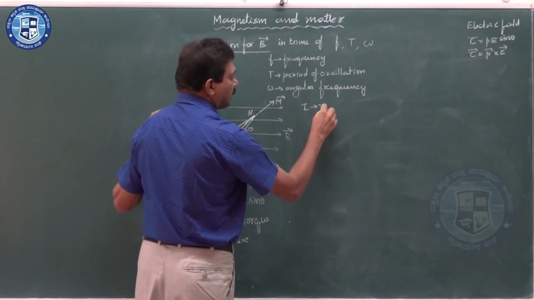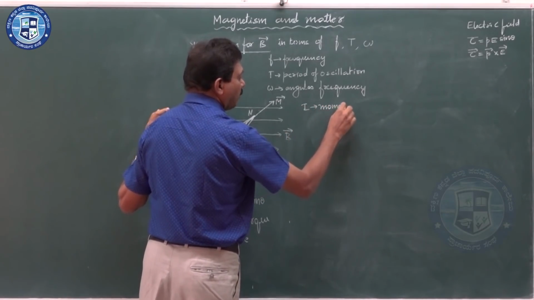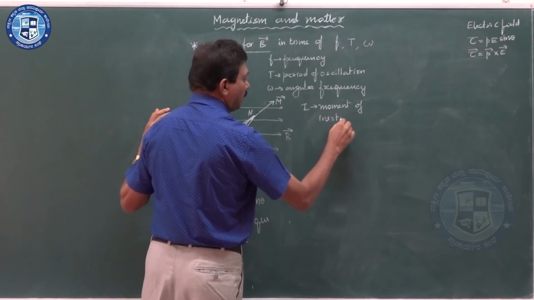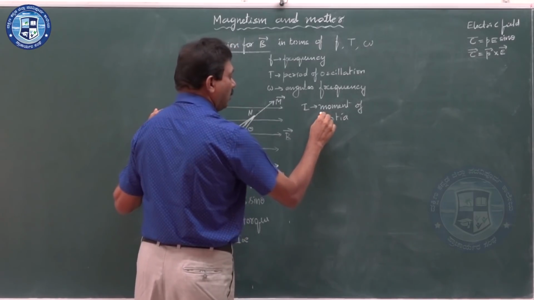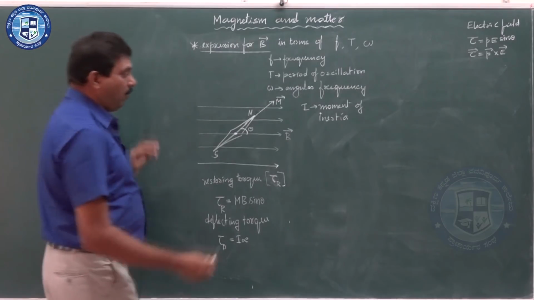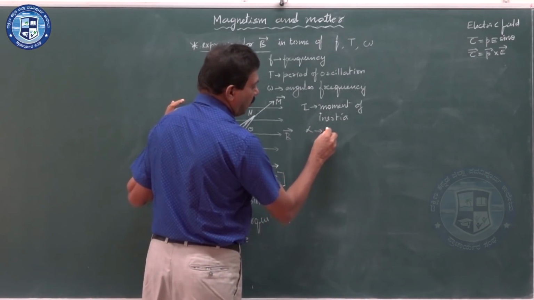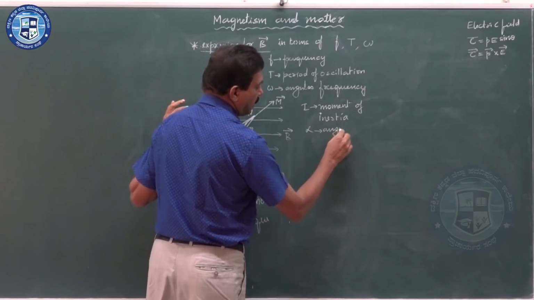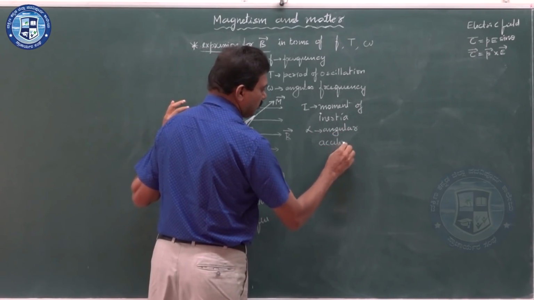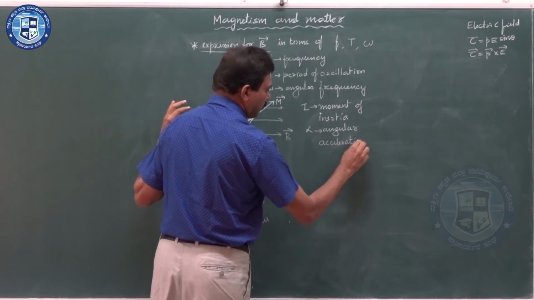I is the moment of inertia. I is not current here, remember. Moment of inertia. So, I into alpha. What is alpha? Alpha is angular acceleration.